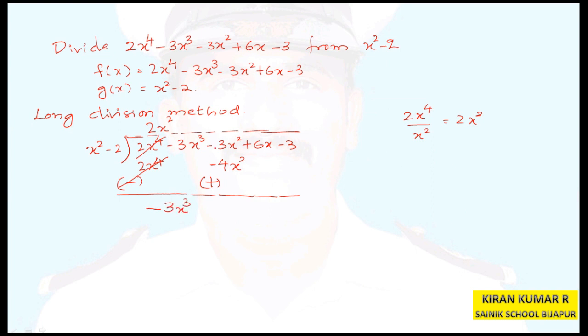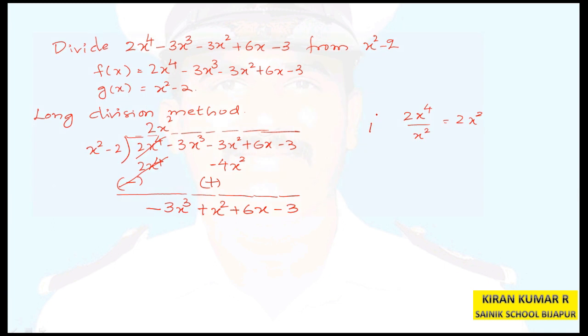Here we see this is a larger plus 4x square, and then there is a smaller number minus 3x square. On simplification, it becomes positive x square. The remaining terms I have to carry forward. I'll write them.